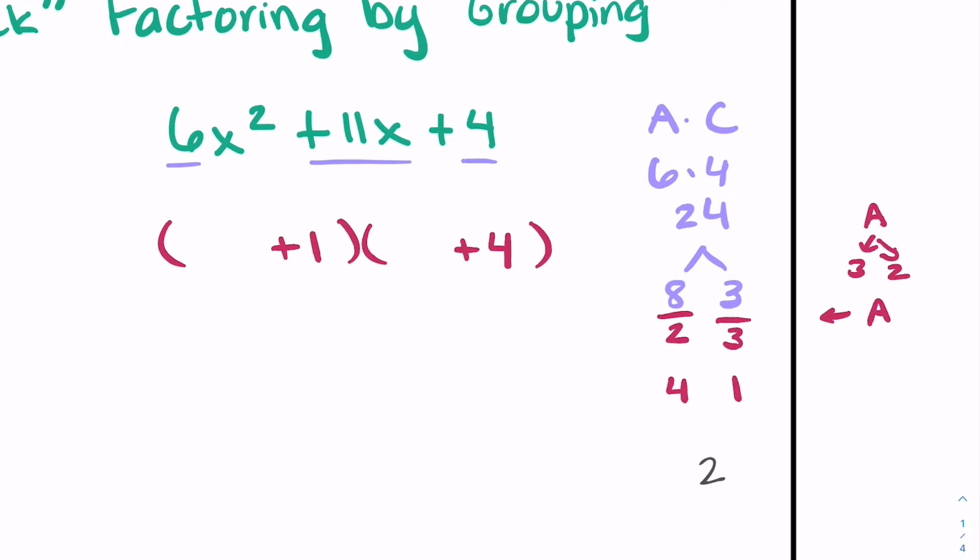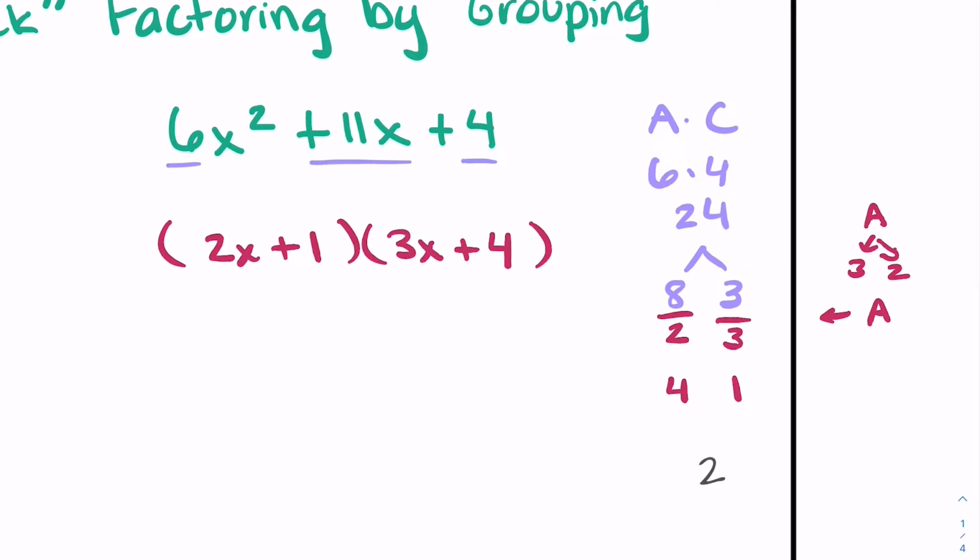Well, 8 divided by 2 is 4, so 4 times 2 is 8. So the only way to get 4 and 2 to work, the 2x cannot go here. The 2x has to go here in the left binomial for it to multiply over to be a part of the right binomial, and vice versa. The only way to get 3 and 1 is if the 1 is in the left, the 3x has to be in the right.